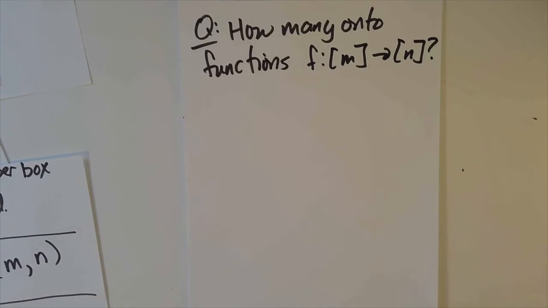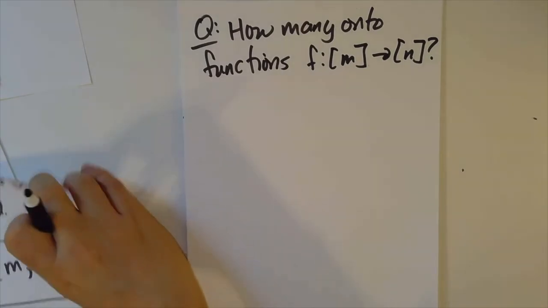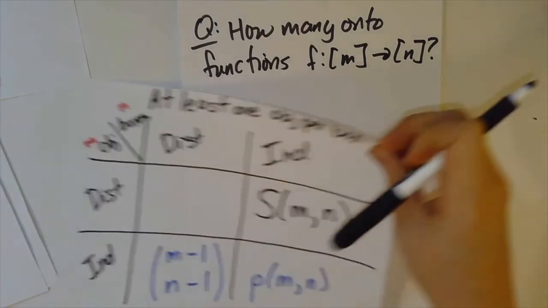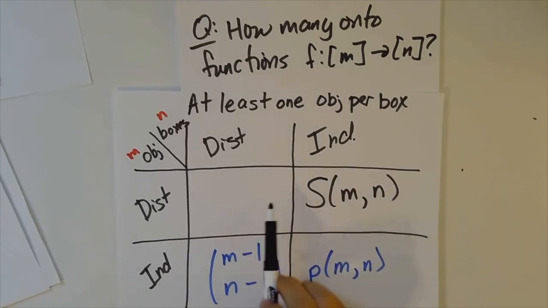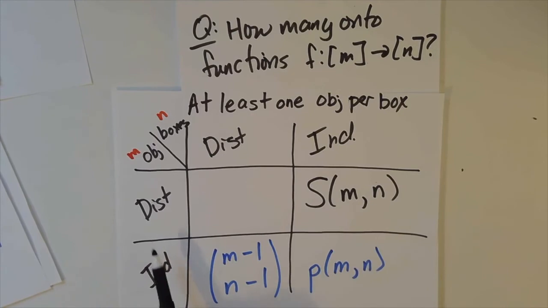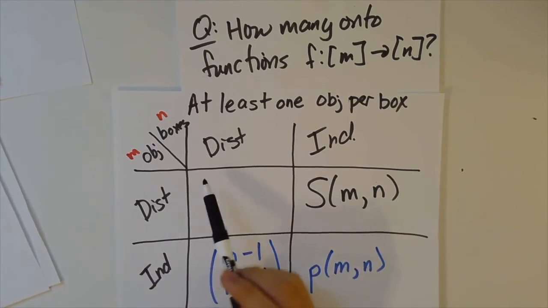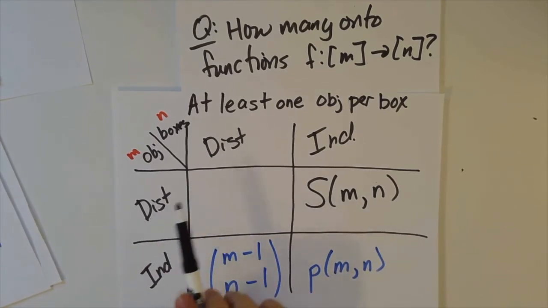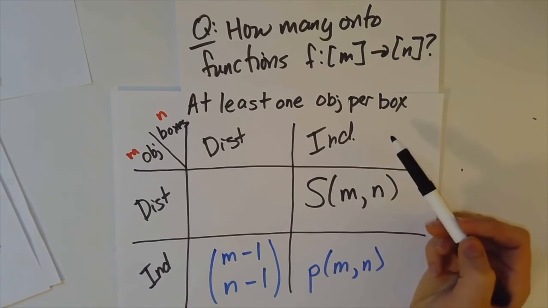And the way we can look at that is actually to look at the box to the right of this box. Remember that this is the number of ways to put m distinguishable objects in n indistinguishable boxes.